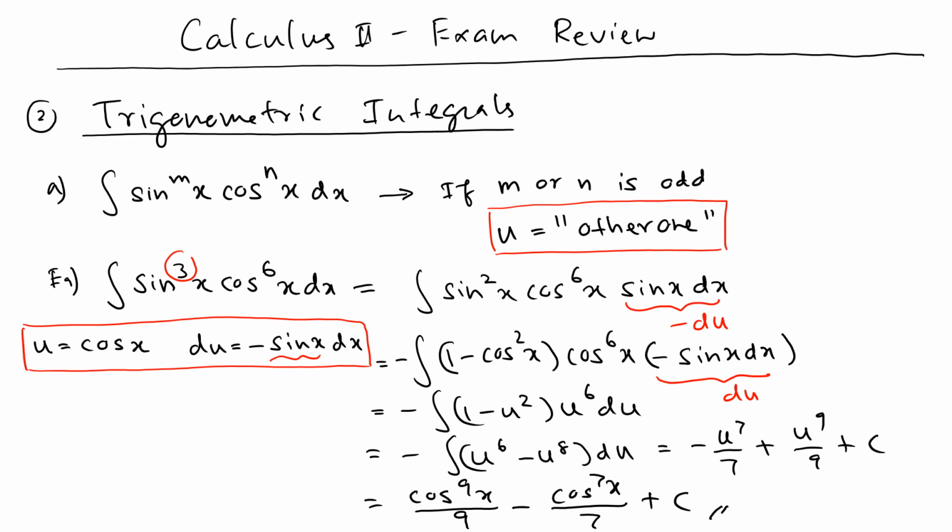You can see that this same trick even works for other cases as well if there's an odd power. The other function can pretty much be anything, because the only thing that matters is the odd power. The other term can be in the denominator, a square root, or any other thing.